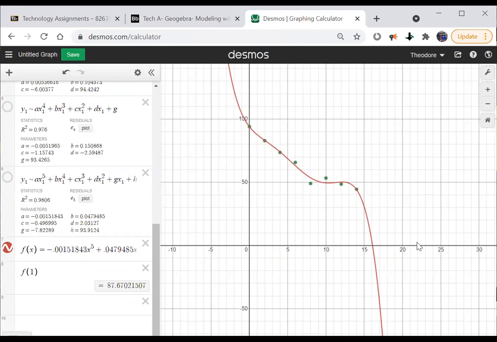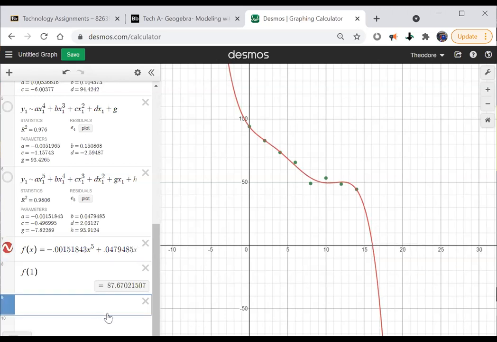So on the low end, you could say 0. These are degrees Celsius. I would think a safe bet would be 0, because 0 degrees Celsius would be freezing temperature. So it's at a minimum at this moment here.